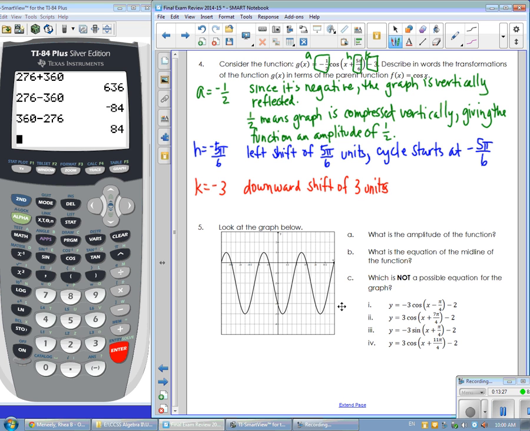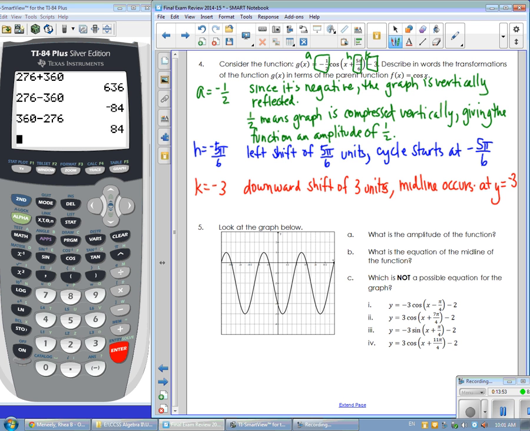K also gives us the equation of our midline, and so y equals -3 will be the equation of our midline. We're not asked to graph it, we're just asked to describe in words the transformations.